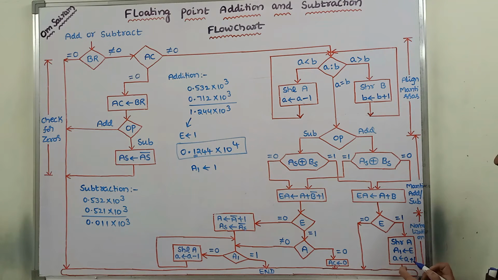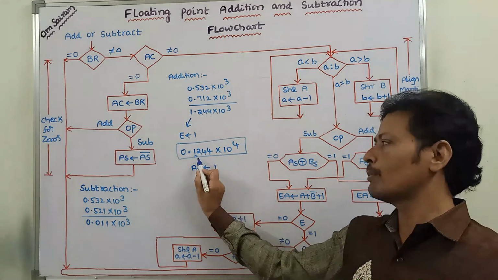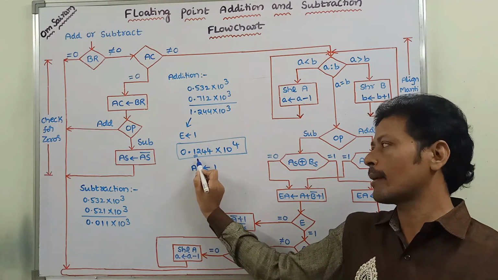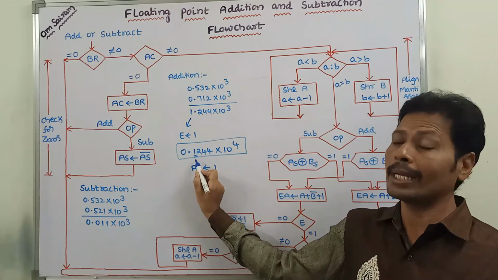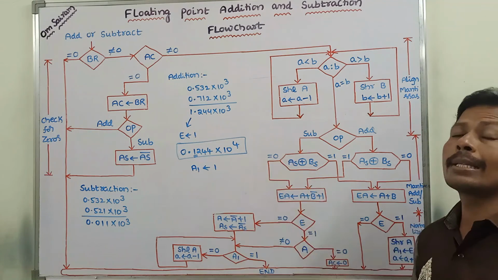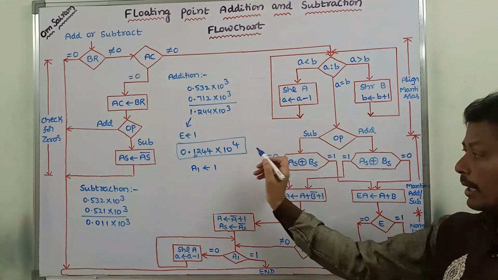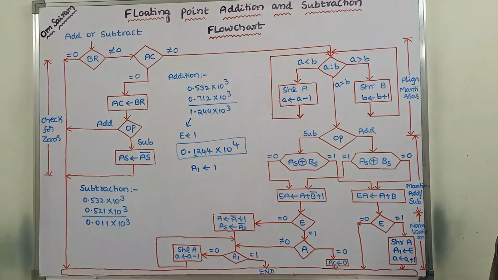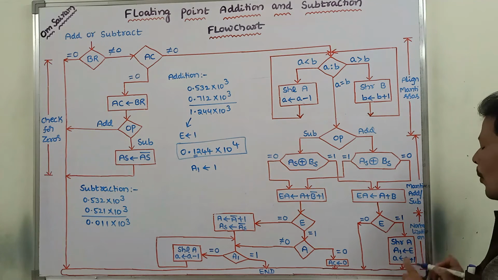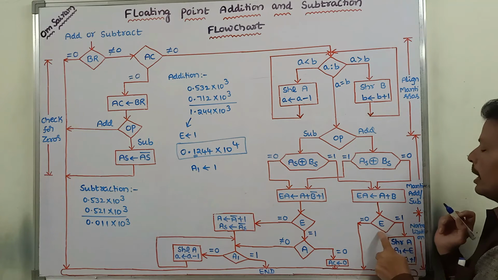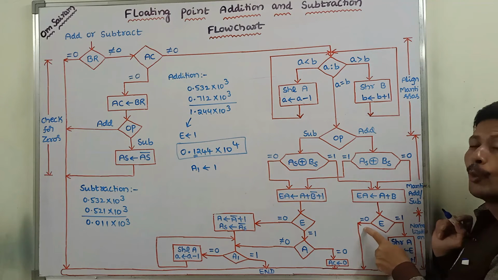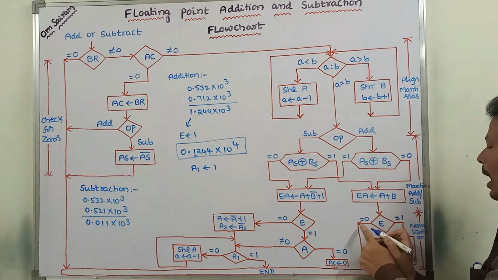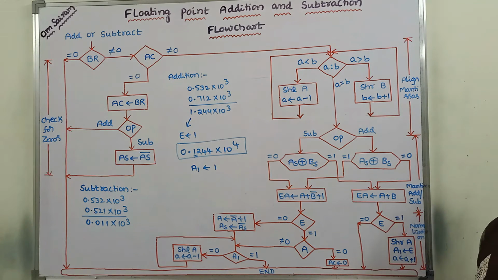After performing these three steps, whenever the most significant bit of the mantissa is a non-zero value, we can say that the result is a normalized result, and the floating point number is also normalized. Then we stop the procedure. Whenever E value is equal to 0, no carry is generated, so we end the procedure. Whatever result we are getting is the normalized result.